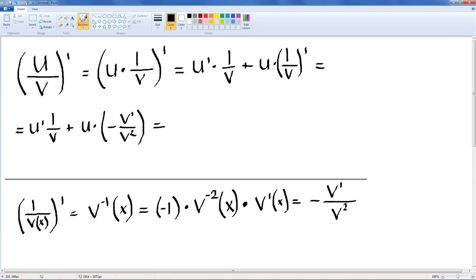We want to set this to the common denominator, so we multiply by v here, and what we get is u prime v, and we have minus over here, minus u v prime, all over v squared.